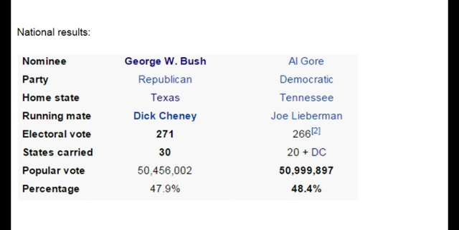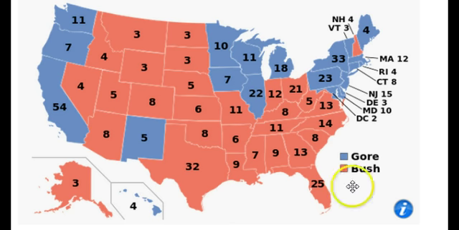But if we look at how many electoral votes Florida has, the difference in electoral votes here is 5. So if there are more than 5 votes in Florida, Gore would have won the election if he had won Florida. And as we can see here, there are 25 electoral votes in Florida. So fascinating election to look at some point if you're interested in very close elections.